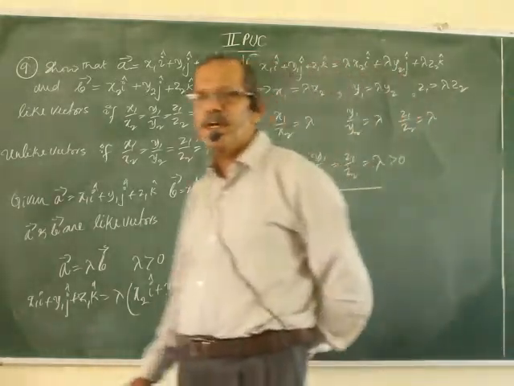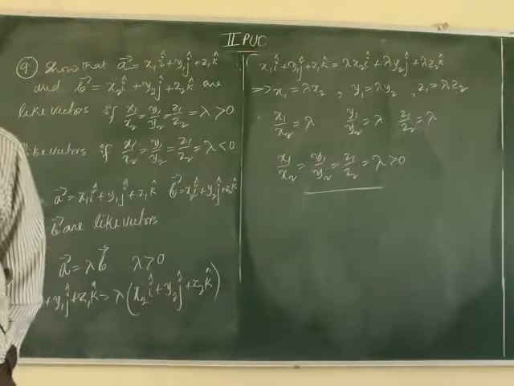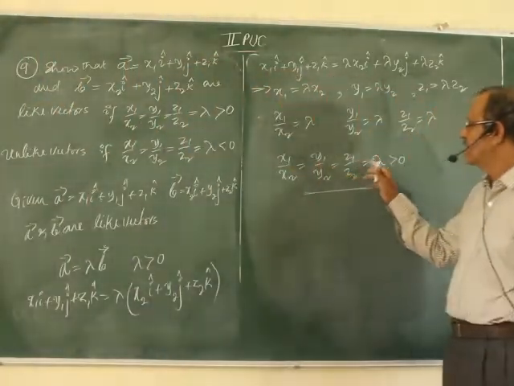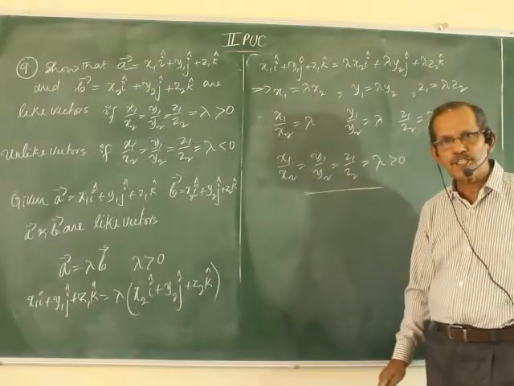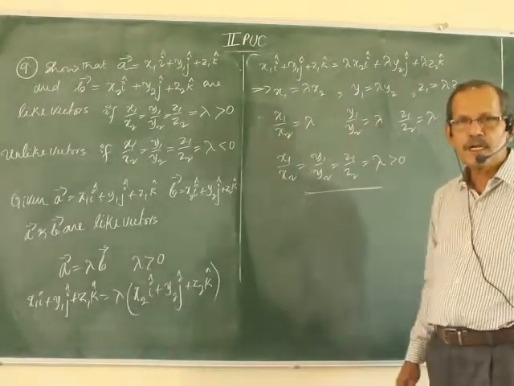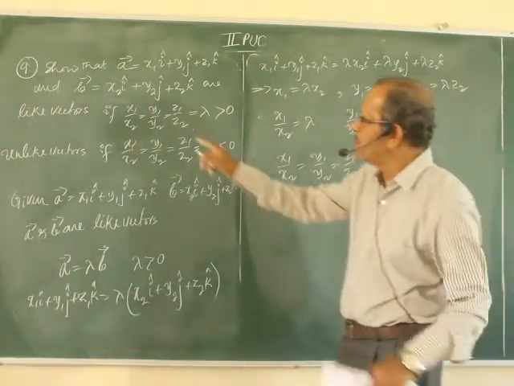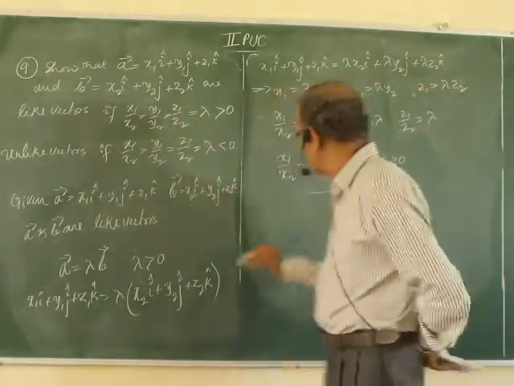In order to verify whether the given two vectors are like vectors, straight away you can find the ratios. If this ratio is equal and positive, they are like vectors. If the ratios are equal and negative, unlike vectors. So you need not prove the second one. Straight away let me write.